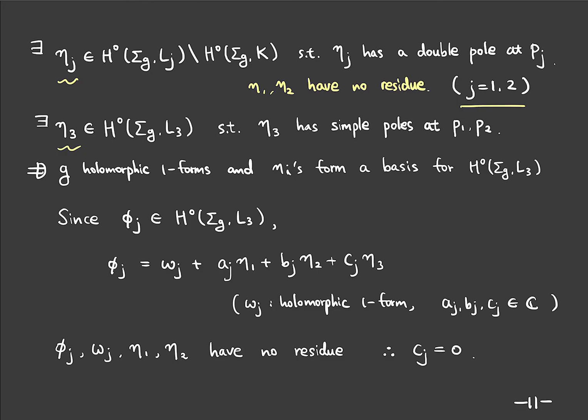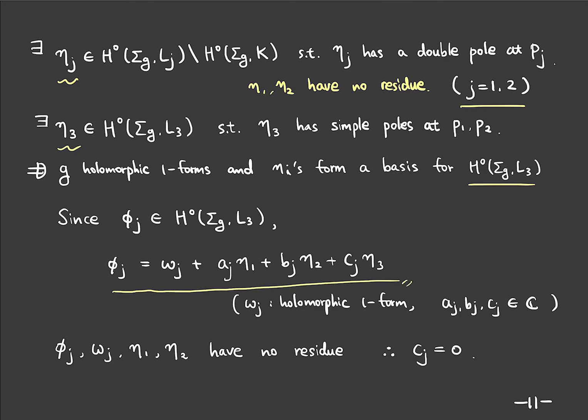So in summary, we constructed a basis: G holomorphic one forms and the eta i's form a basis for this space, and so we may write phi j as a linear combination like this.